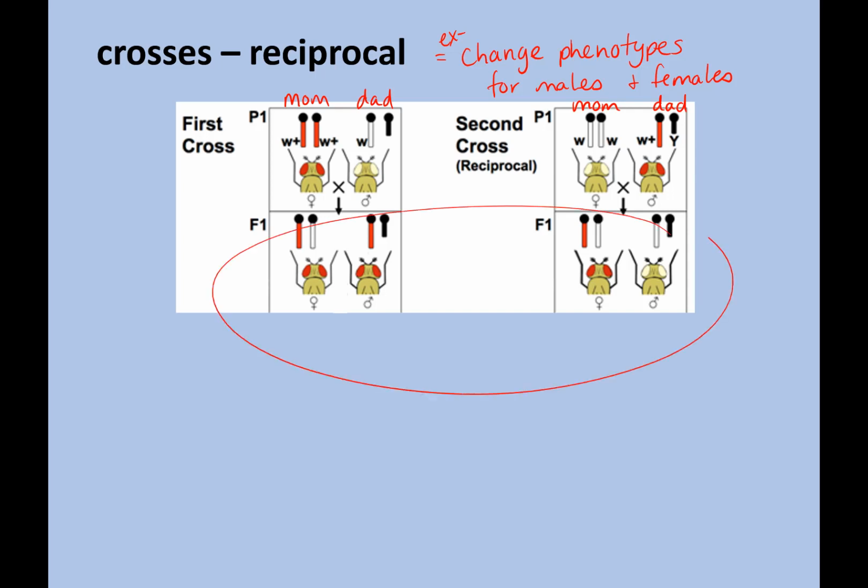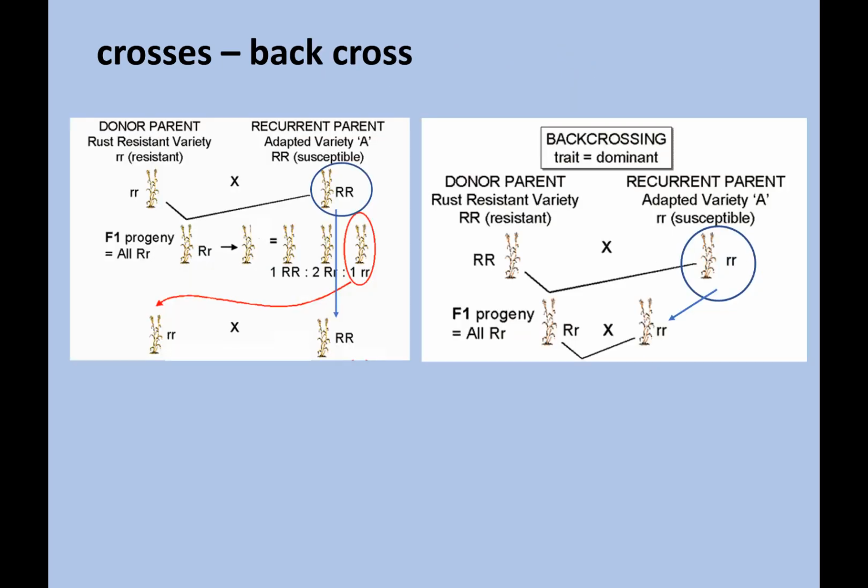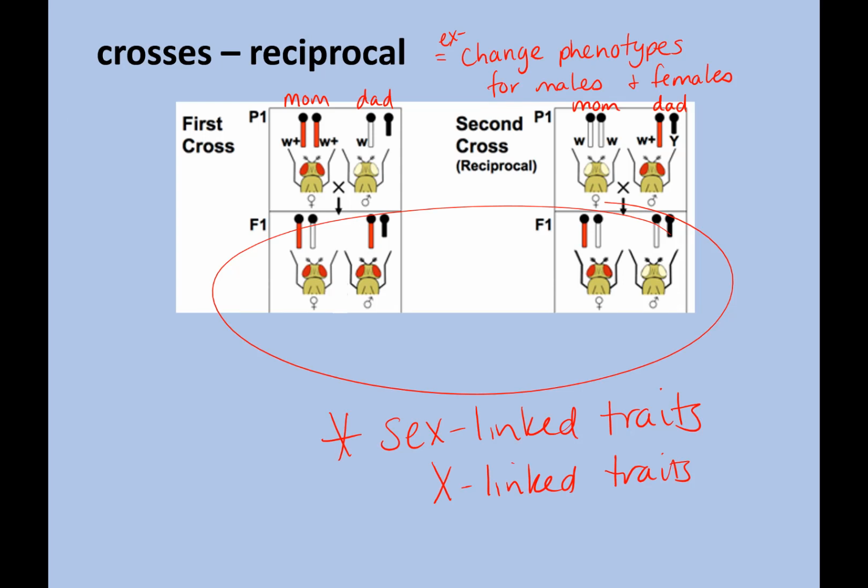And what I want you to see is that affects the offspring differently. So reciprocal crosses are very important for sex-linked traits. And in our class, we'll primarily focus on X-linked traits. And that's chapter 4. Whoa. All right. Guess PowerPoint thinks I'm done.